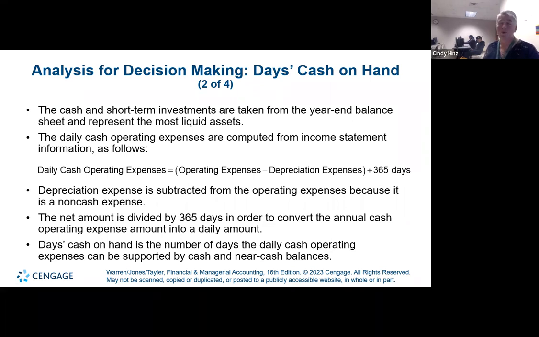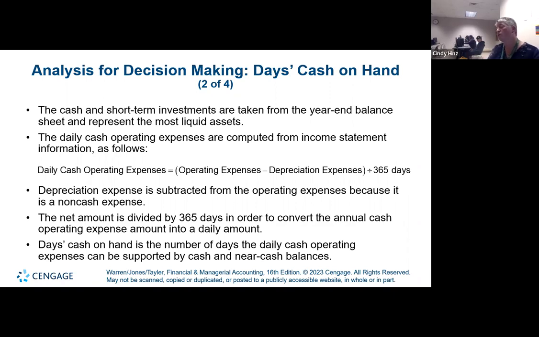And so a simple way of getting at our daily cash expenditures is to take our operating expenses, but subtract out depreciation since that's not cash. There are some other expenses that are also not cash. We'll talk about those more in chapter 13 at the end of the semester when we talk about the cash flow statement.